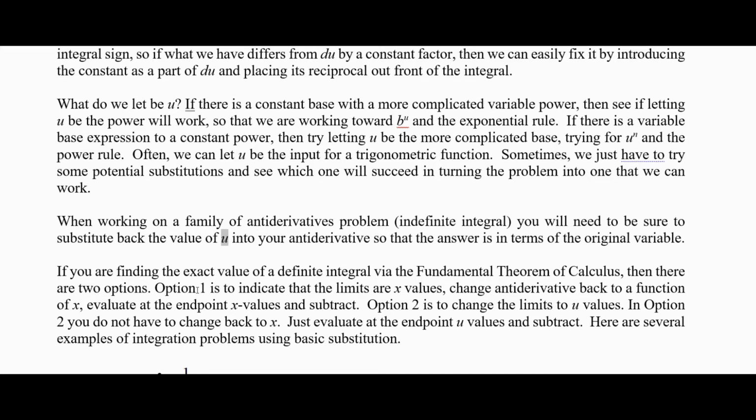Option two is to change the limits to u values. And in option 2, you don't have to change back to x. You just plug in the values of u's at the endpoints and subtract. Either way is pretty close to the same difference. Probably option 2 is maybe a little better, but either one works pretty well.